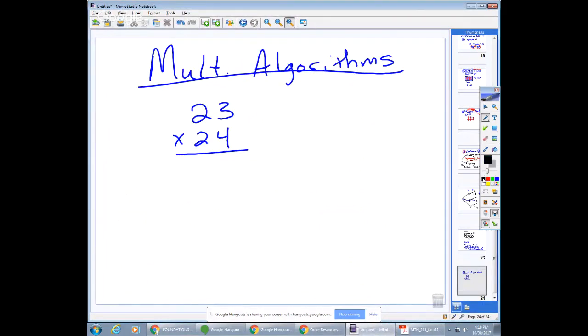So we all have a standard way of doing it, and my guess is we all do it exactly the same way. We would take 3 times 4 and make a note that's 12, but we would carry the 10 up and write the 1s down below, right? And then we would say 4 times 2 is 8, plus 1 is 9.